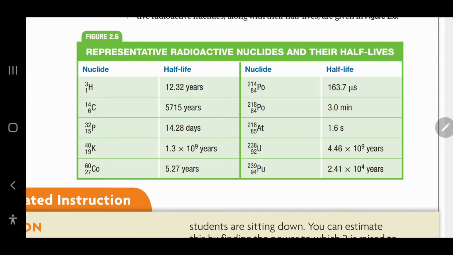While the polonium 218 isotope needs 3 minutes to decay. Other elements like, for example, the uranium 238 isotope have a very, very large half-life, as you can see. So we can say that this is practically a non-radioactive element. It will never disappear. We are talking about billions of years.